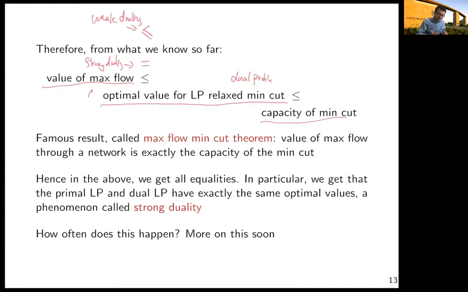So in this case, the max flow min cut theorem implies that the primal and dual LP satisfy strong duality. We'll talk about a general condition under which we can establish strong duality for many, in fact almost all, problems that we care about in practice.